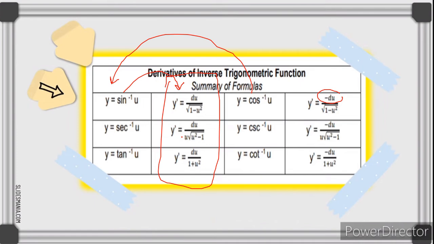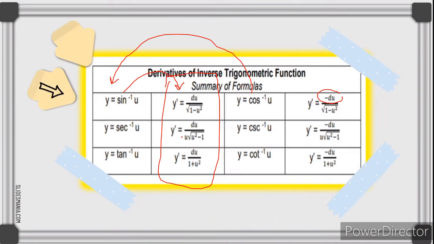Tatlo lang talaga yan. Ang gagawin mo na lang is dagdagan mo lang ng negative. If it is inverse of cosecant, then just add negative to the inverse of secant. Same goes with cotangent. Kung yung tangent, alam mo na yung formula niya, then yung cotangent, dagdagan mo lang ng negative. So, ganun lang po yung technique.